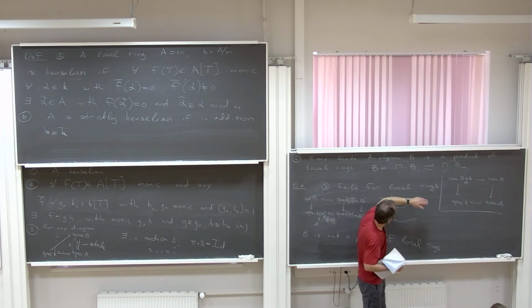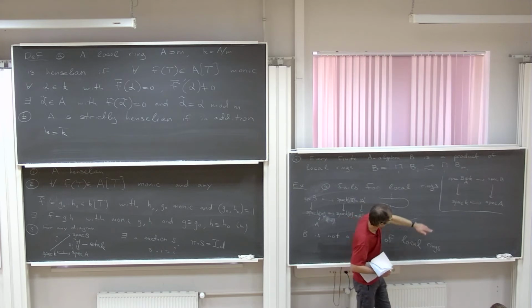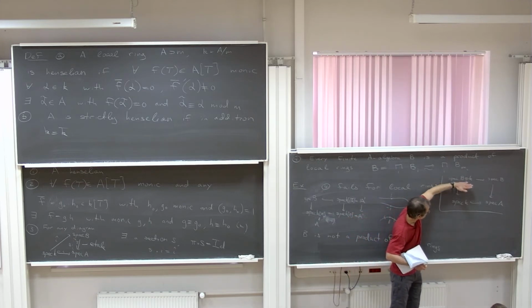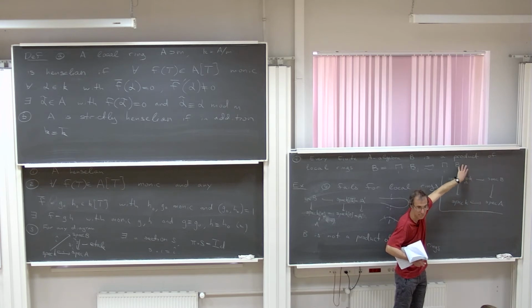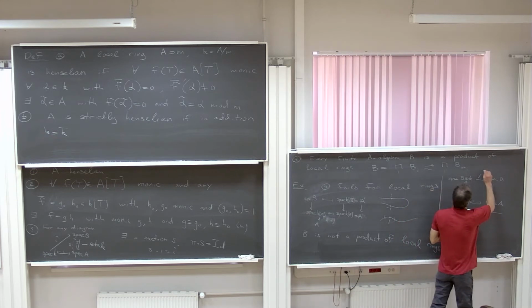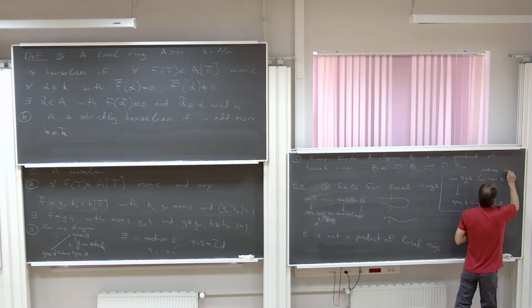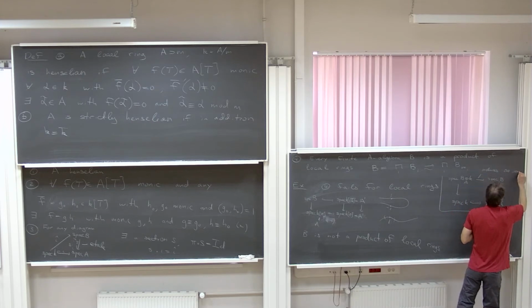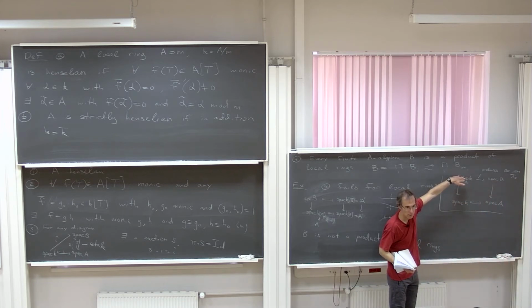So, this condition is equivalent to saying that connected components of this guy, this is a finite dimensional algebra over this K, right? Its connected components are in one-to-one correspondence with maximal ideals here. And the condition is that this map induces an isomorphism on pi 0, on the set of connected components, right?